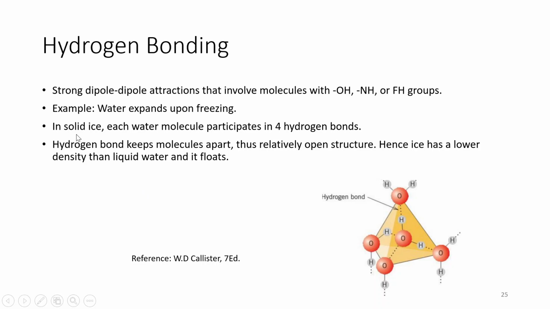In solid ice, each water molecule participates in 4 hydrogen bonds, and the hydrogen bonds keep molecules apart. This relatively open structure is why ice has a lower density than liquid water and it floats.